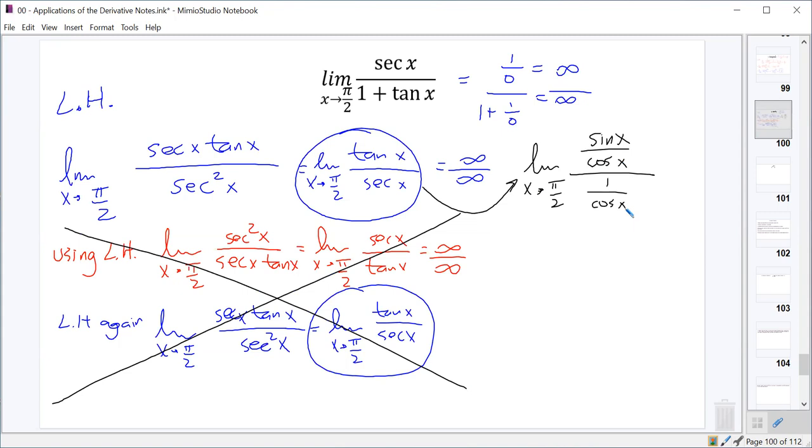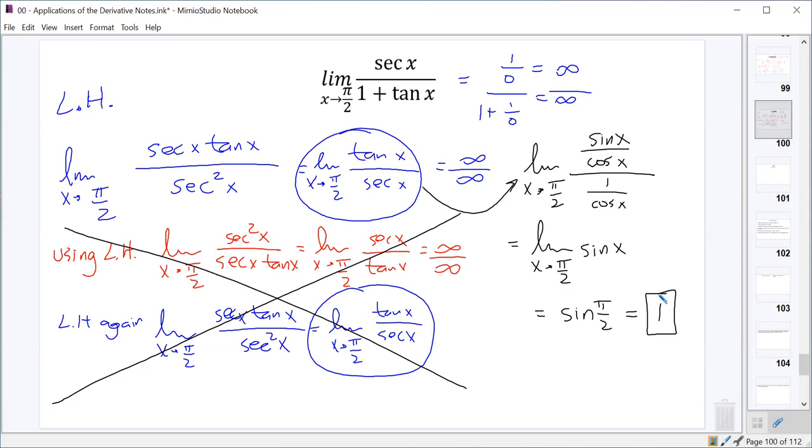And in this case, we can eliminate those cosine x's, and this becomes a limit as x approaches pi over 2 of just sine x, which would be the sine of pi over 2, and the sine of pi over 2 is just 1.